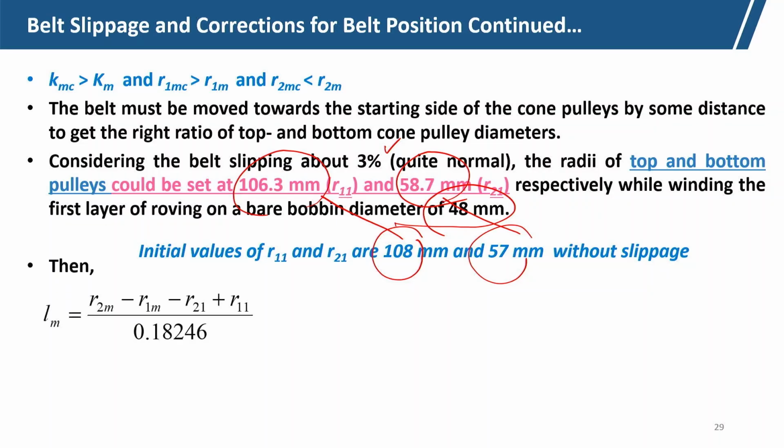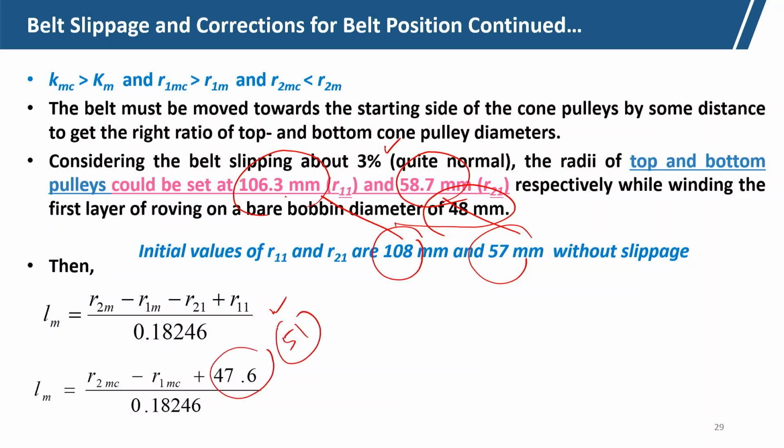So, then the relationship as we have already derived, Lm will become this one. 106.3 minus 58.7; earlier it was 51, now it will become 47.6. Okay. So, because 106.3 minus 58.7 is 47.6.